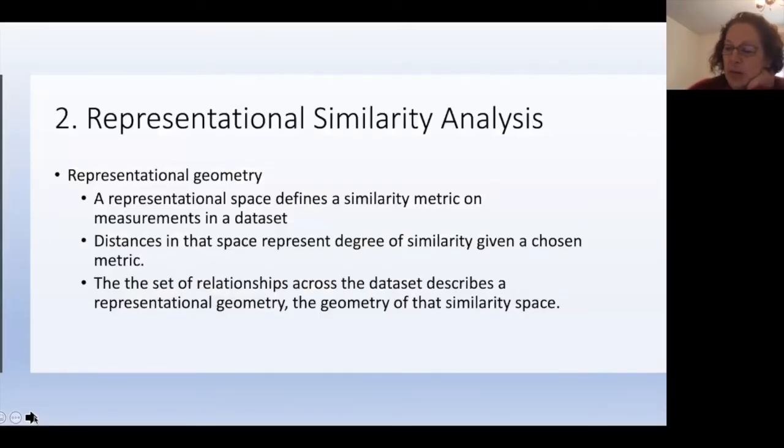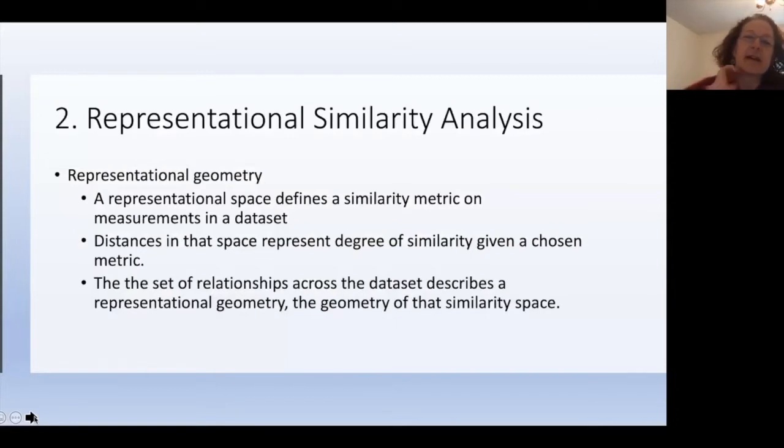So these are problems in interpreting why MVPA works or what it is in the brain, drawing a link between the results of MVPA and psychological things of interest, like how the brain is actually doing things.